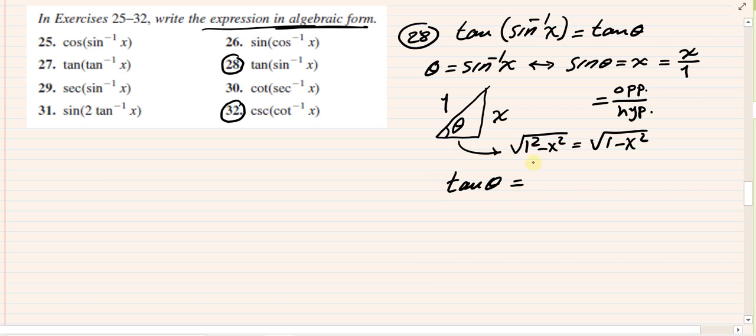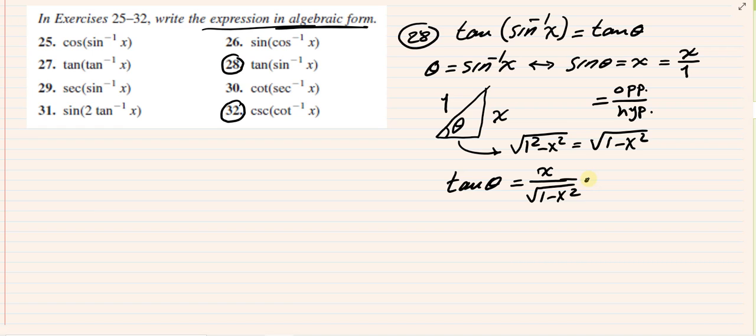Tangent, ratio of opposite to adjacent, is x over root 1 minus x squared. And there you have it. You don't need to rationalize the denominator in this segment. It's very important to draw the triangle, otherwise you cannot do this. Let me do number 32.